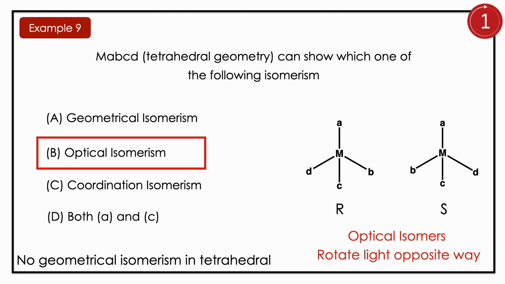Four different ligands mean you don't have any geometrical isomer. So the only possibility is chirality, R and S, that is optical isomerism. A is not possible, geometrical isomerism, because both are structurally the same arrangement. C, coordination isomerism, is not possible because the structure is tetrahedral. The concept to learn here is that geometrical isomerism is not possible in tetrahedral structures.